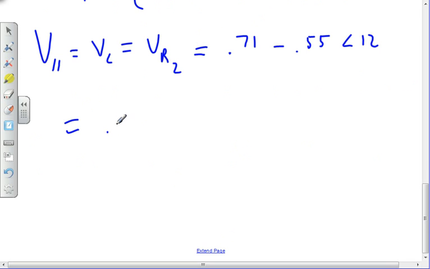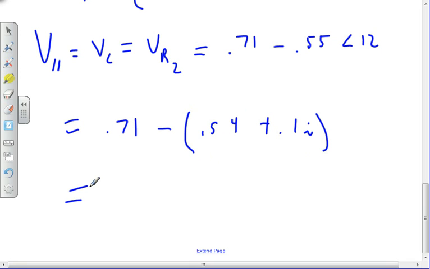So 0.55 XY key 12, second function, changed to rectangular: 0.54 plus 0.1 I.